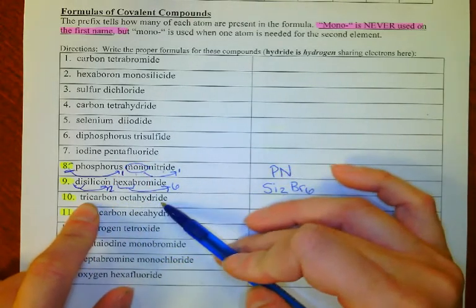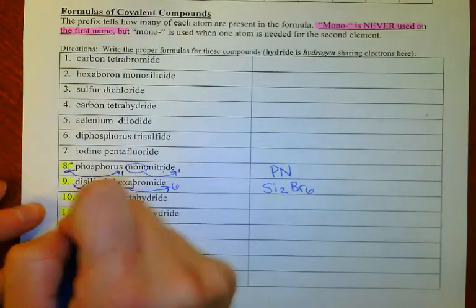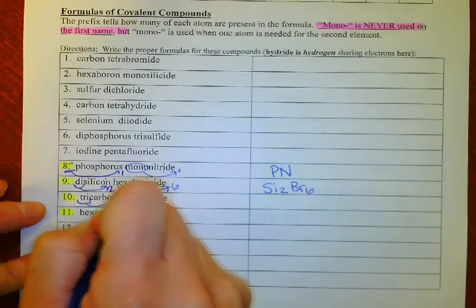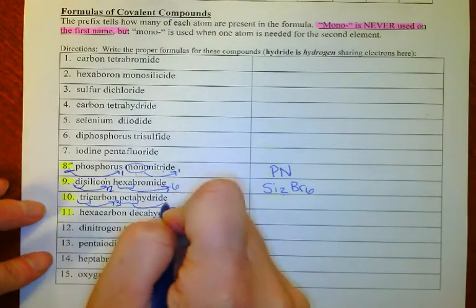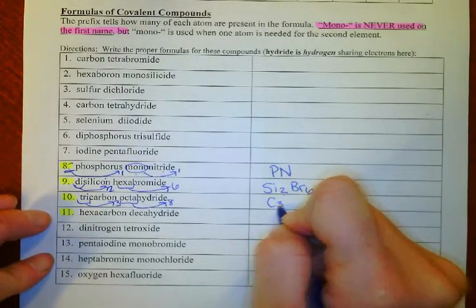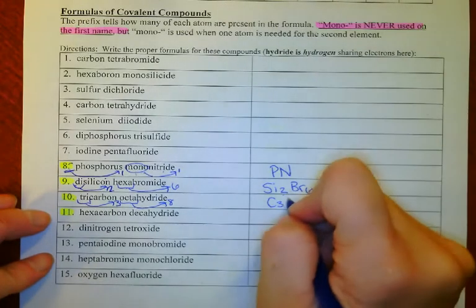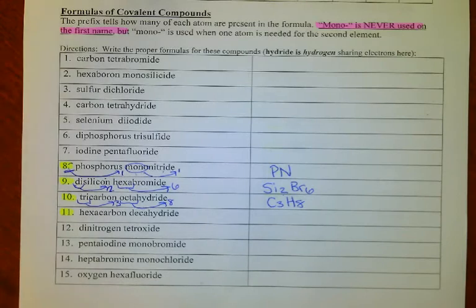Tricarbon octahydride. Okay? Hydride is hydrogen, sharing electrons. Tri, like a triceratops, is 3 horns for a triceratops. Octa, like an octet or an octopus, is 8. So tricarbon means C3. Octahydride means H8. We're just translating.